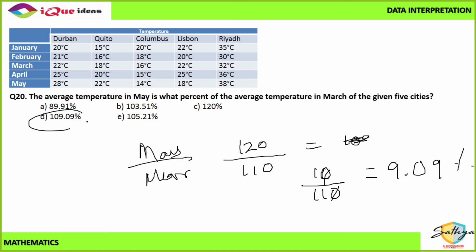So 109.09% is my answer. I hope everybody got this one. Easy calculation. If you remember your reciprocal values, then you should know 1 upon 11 is 9.09. So even without using any calculation techniques, directly you can know the answer. All you had to do was remember reciprocal value of 1 by 11 is 9.09. Got this one? I hope everybody got this one.